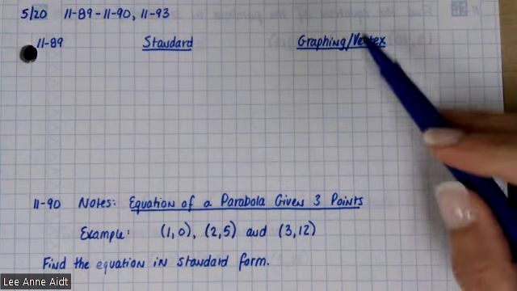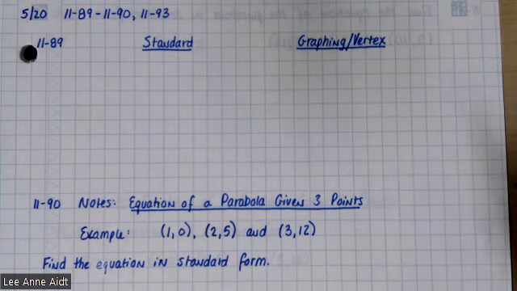Guys, I just updated this right here. It says graphing/vertex now. All right, so for the last lesson of the year, this is something that will come back in Guinan. Guinan will teach you an entire chapter called conics.